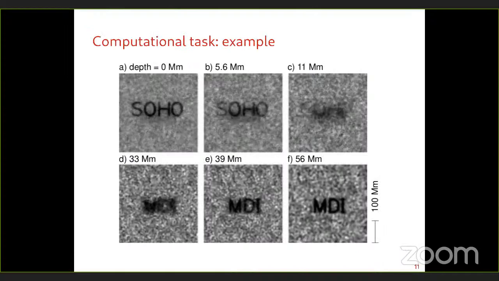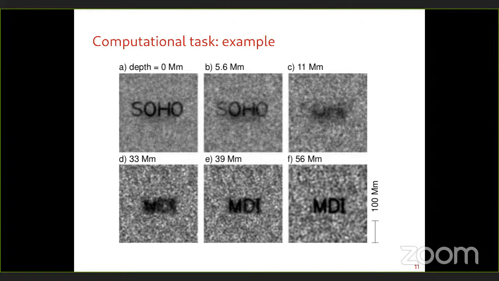The authors of this technique provide this example in which they locate two alphanumeric characters at different depths in the solar interior. The first alphanumeric character is located just beneath the solar surface, and the other one is located at a depth of 56 megameters in the solar interior. They provide these maps, which are called acoustic power source density maps, which are the acoustic field at each one of these depths.